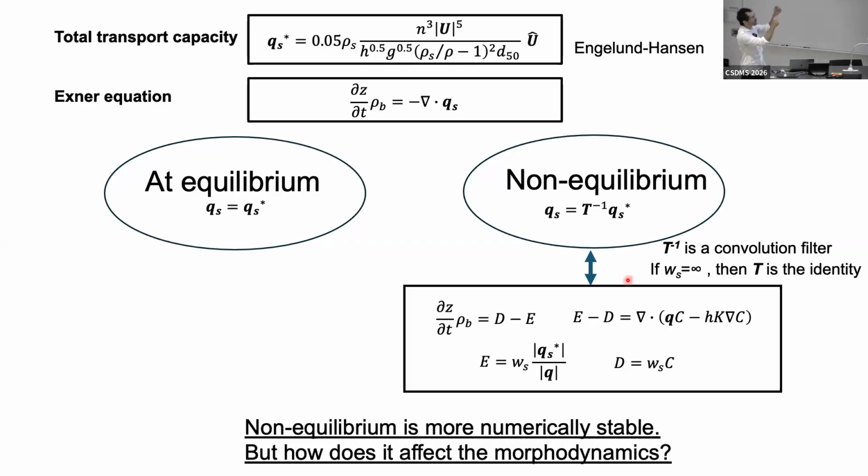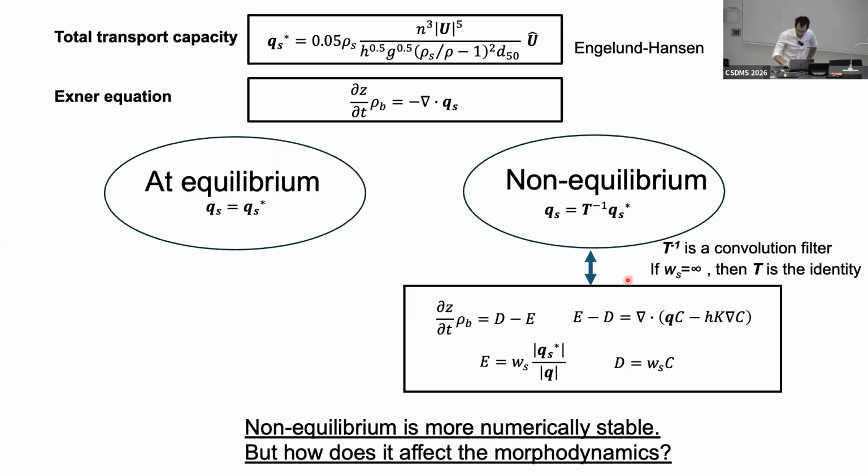Now the question is, how does the morphodynamics change when you do equilibrium versus non-equilibrium? Is it that different, doing it this two-way, considering the total transport being the same as the total transport capacity?